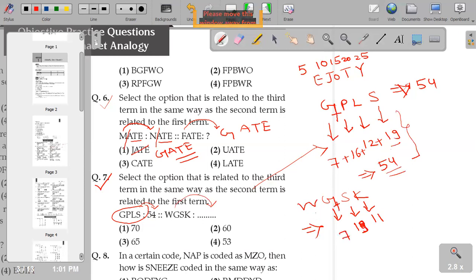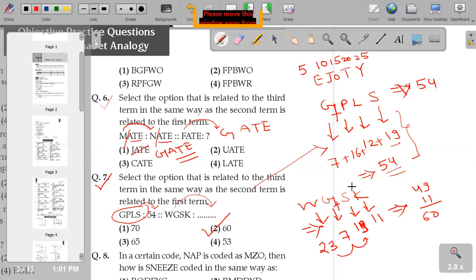Here I am also giving some tricks. W is nothing but 23. When we add all the positions, 20 plus 23 plus 7, 30, 30 plus 19, it will be 49, and 49 plus 11, it will be 60. So the answer will be 60.